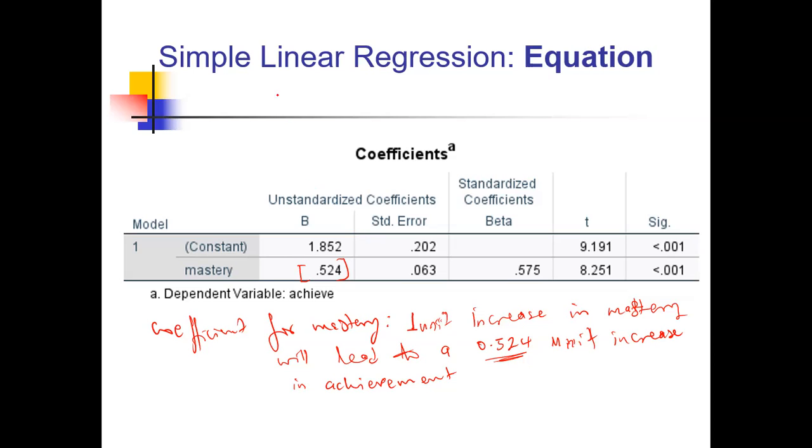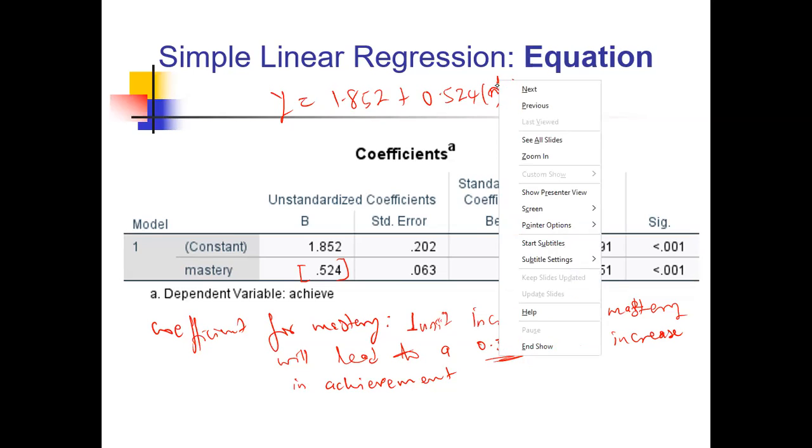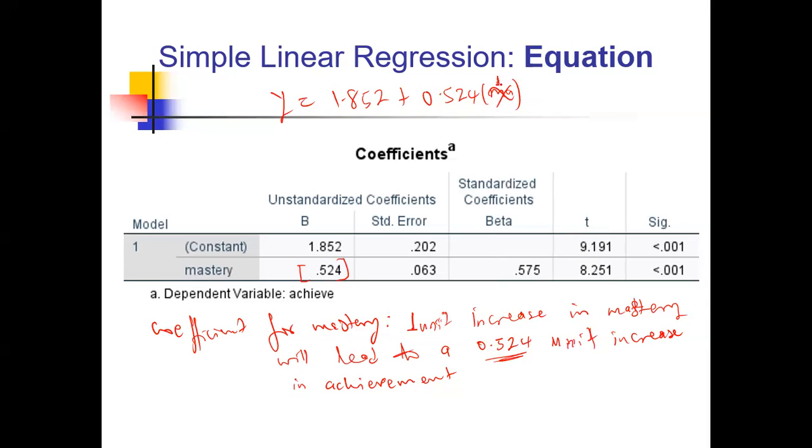Okay, so again, if you look at that equation, y is equal to 1.852 plus 0.524 and mastery in parentheses here, or let's say x in parentheses here. So you see that if you put 1 here, for example, 1 unit, and you solve this equation, you find out that it shifted by only this amount.